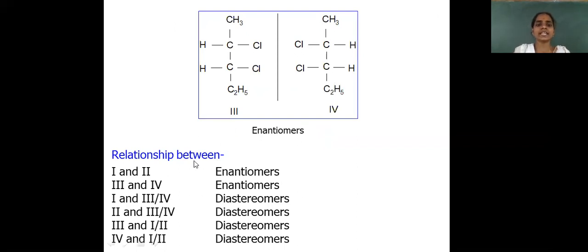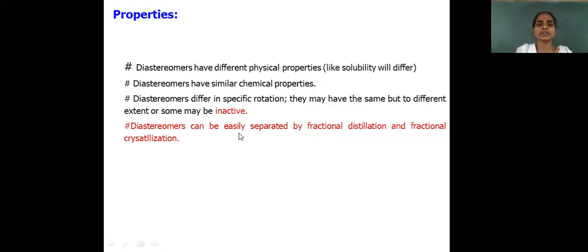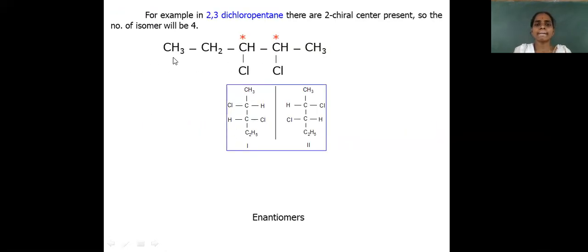Just see how we can represent 2,3-dichloropentane. It has more than one chiral carbon. These are the two chiral carbons. This is the first carbon, a chiral carbon attached to 3 different groups, and this is the second, also attached to different groups, and the second is the mirror image of the first.